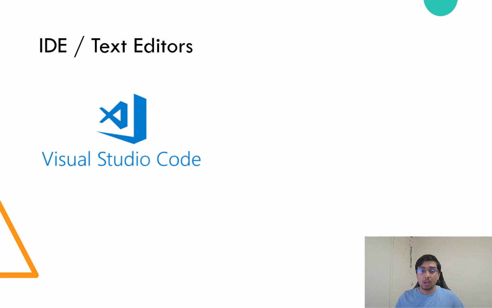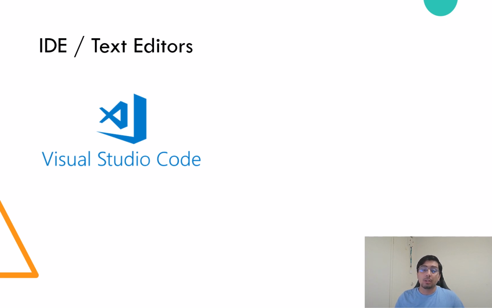With VS Code, you can easily configure build tasks, debug your C++ code, and seamlessly integrate with version control systems like Git. It provides a user-friendly interface and intuitive keyboard shortcuts that help boost your productivity. Of course, there are fantastic other IDEs and text editors available for C++ programming.